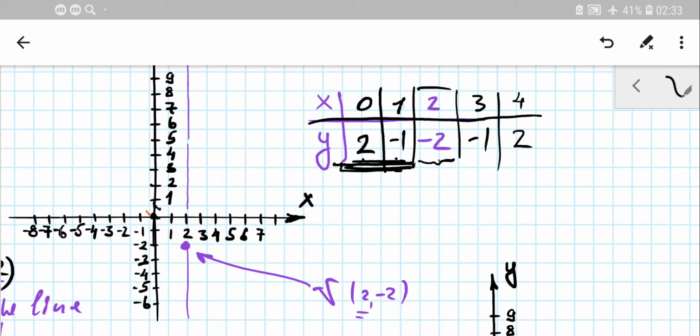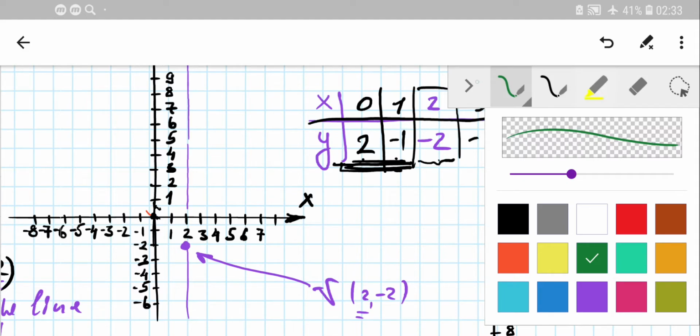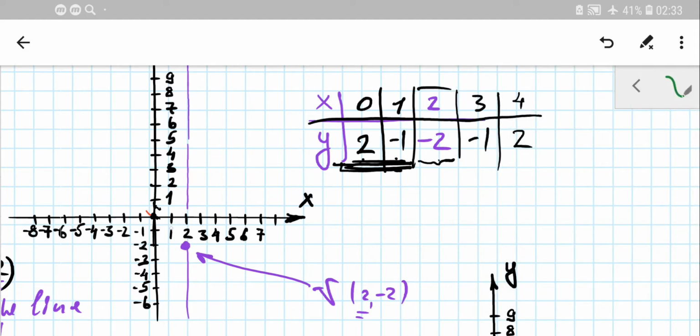So when we have x 1, negative 1 for y, so it's here, I'll use, let's say, green color here, and so that's 1 point. Symmetrically, I put another point, and when 0, we have 2. So obviously for 4, we'll get also level of 2 for y.